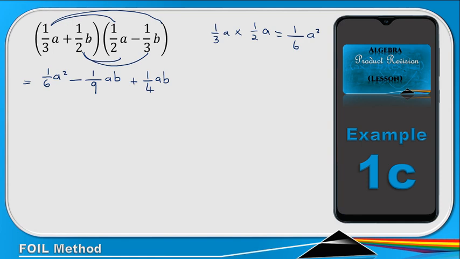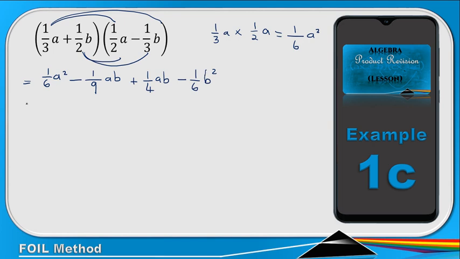Now notice it is b times a, but I'm going to write it as ab because normally we write it alphabetically. ba is the same as ab. And also it makes it clear that these two are like terms. And then finally that guy multiplied by the last term, we have minus 1 over 6b squared.